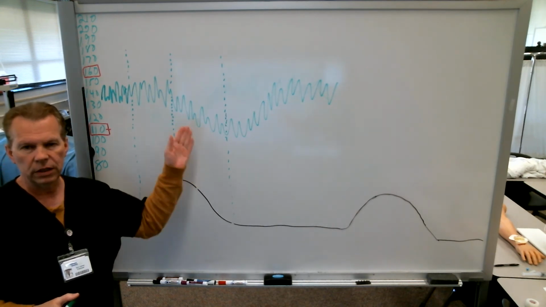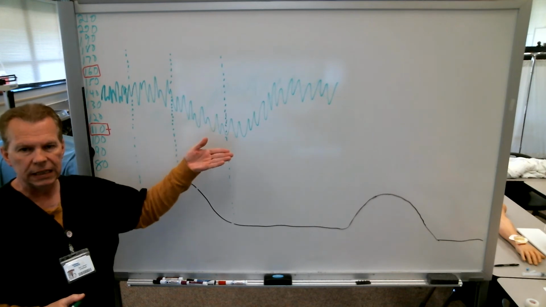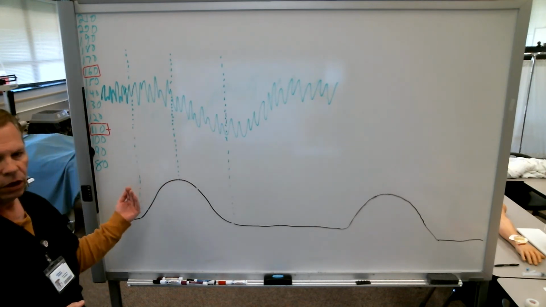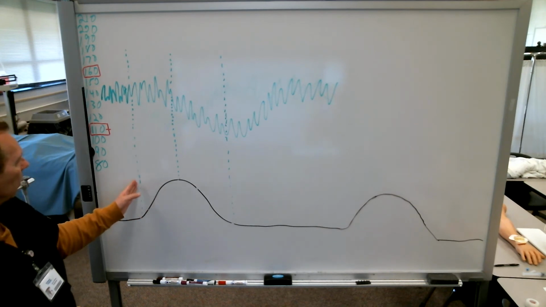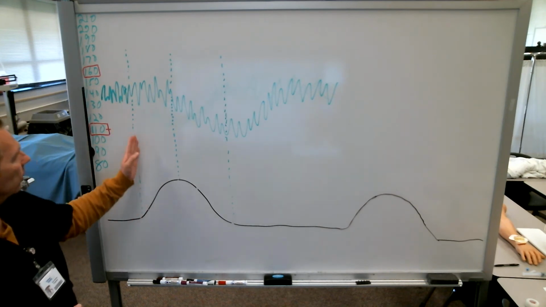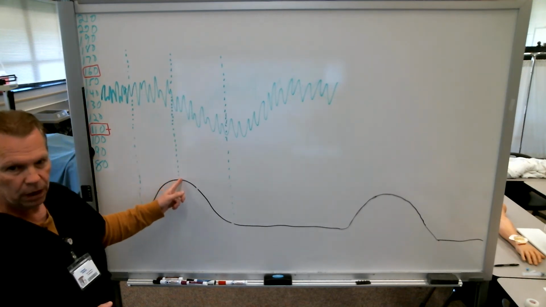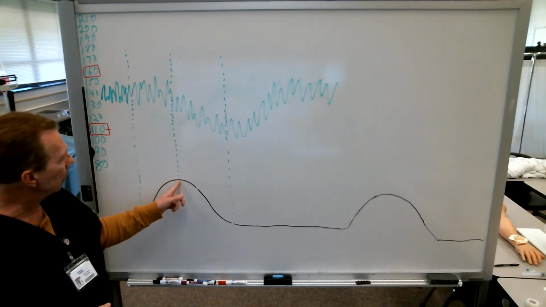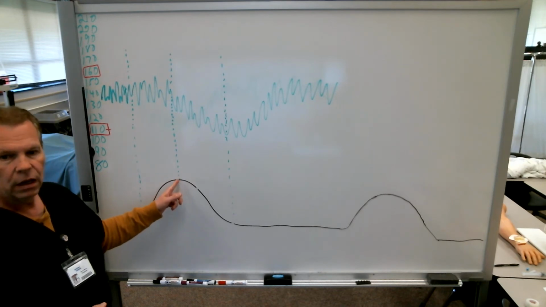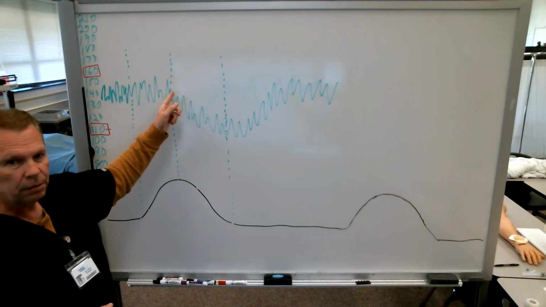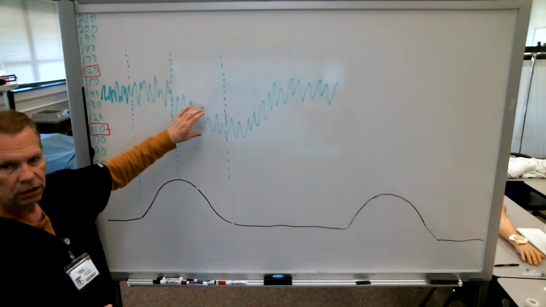What you see with this deceleration, and they call it a late deceleration, where the previous one was an early deceleration. It was an early deceleration because it occurred early in mom's contraction. Well, this one is a late deceleration because it occurs late in mom's contraction. In other words, mom has reached her peak point of contraction, and then the baby's heart rate starts to decelerate.